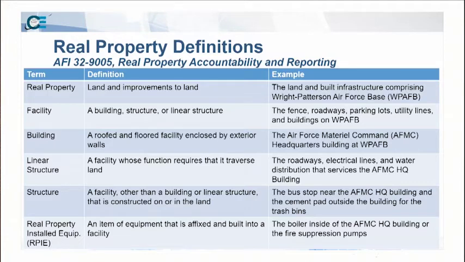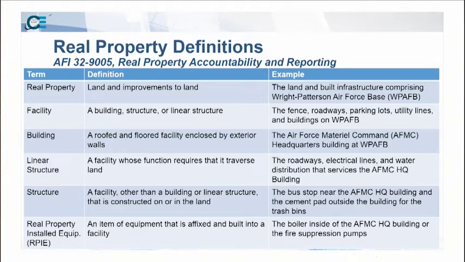A facility will have a real property unique identifier, or RPUID, and will be cataloged into the service real property inventory as a unique real property record. Notice that a facility is more generic than just a building. We'll continue to use this term throughout our courses, so it's important.